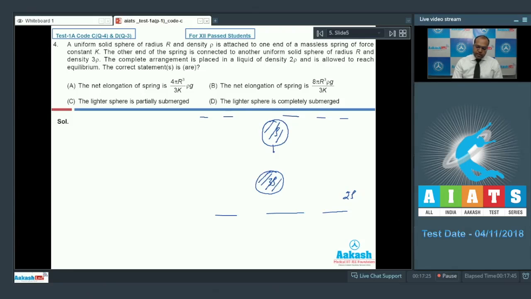At that instant, if both are connected by a spring of spring constant K, let's see what the net gravitational force acting on both these spheres is, if I consider this as my system. The gravitational force acting on the sphere of density rho is 4 by 3 pi r cube into rho into g, plus the gravitational force acting on the sphere of density 3 rho, which is 4 by 3 pi r cube into 3 rho into g.